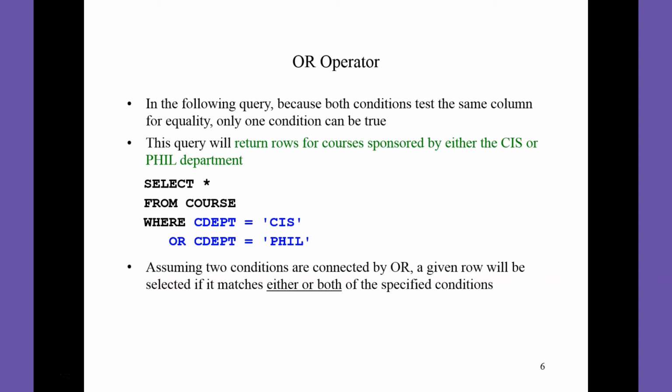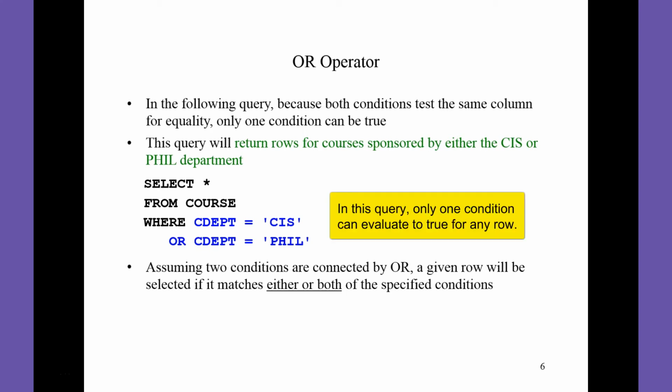Assuming that two conditions are connected by OR, a given row will be selected if it matches either one of the conditions or both of the specified conditions. However, in this particular query, it's impossible for a row to match both conditions, and that's because a course must be sponsored by one department.